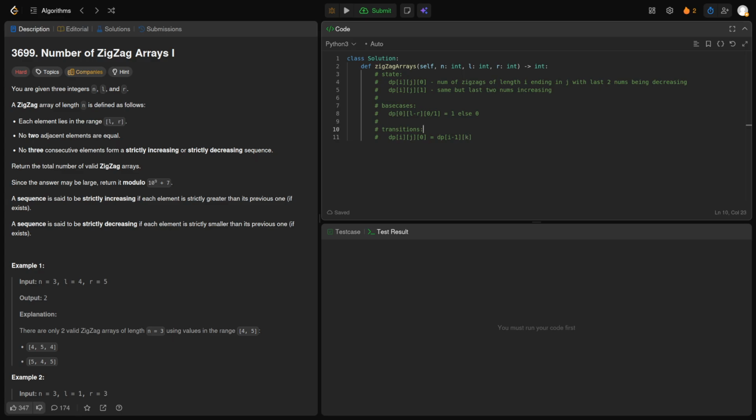So dp[i][j][0] is the sum over k from j plus 1 to r of dp[i-1][k][increasing]. And dp[i][j][1] is the sum over k from l through j minus 1 of dp[i-1][k][decreasing], because here we want to be increasing.